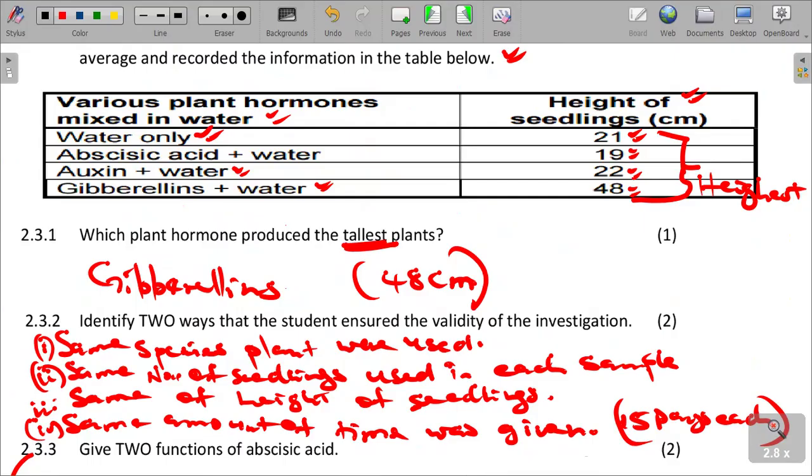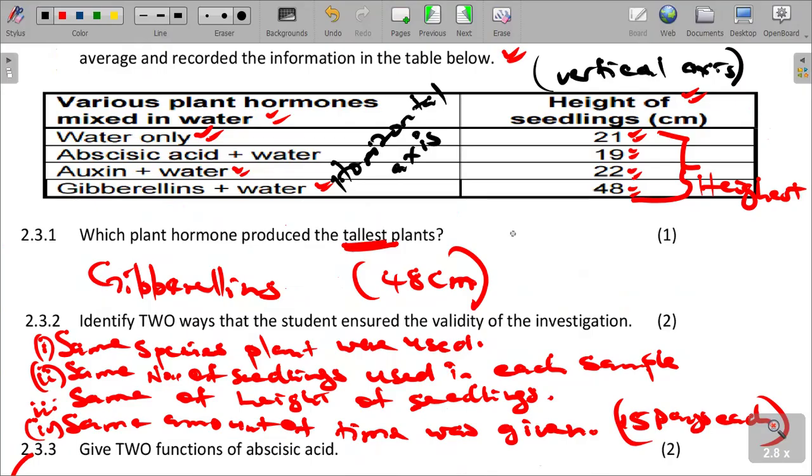The dependent variable must be on the vertical axis so that it can control the shape of the bars. And then on the horizontal axis we have various plant growth hormones.